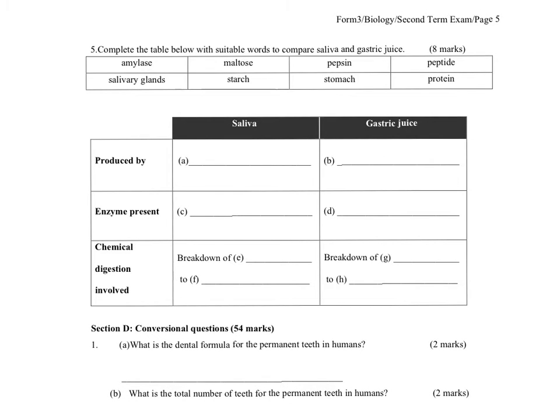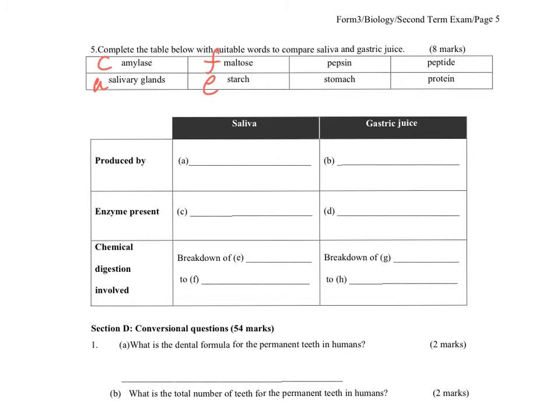And to compare saliva and gastric juice, saliva is produced by salivary glands, and we can find amylase in saliva. Some of you, it should be specific to emphasize the breakdown of starch to maltose for saliva.